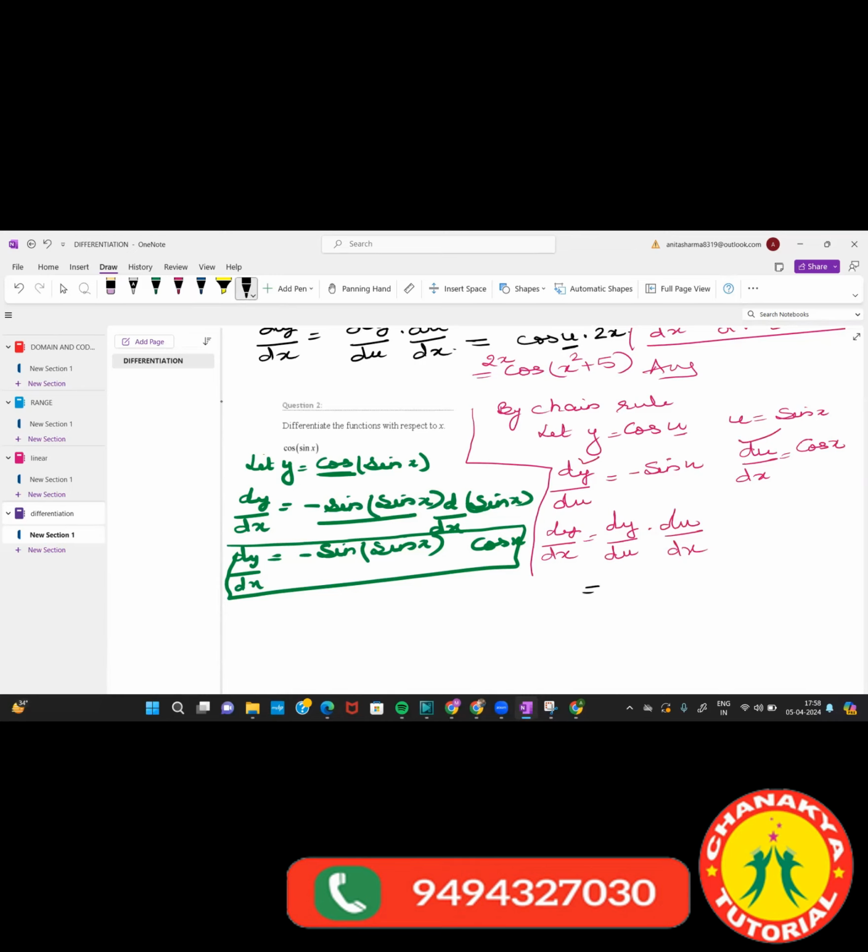Now, dy by du is minus sin u, so you will write here minus sin u. And differentiation of sin x is cos x, so just write here cos x. Now your answer should be in terms of x only. So what is the value of u here? sin x. So just write minus sin of sin x into cos x.